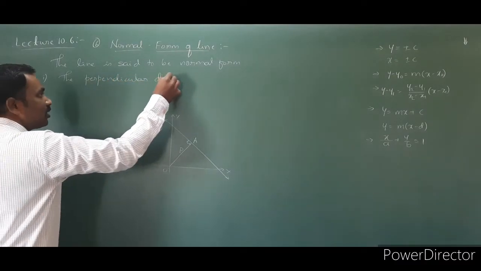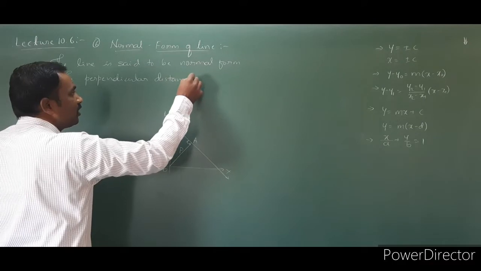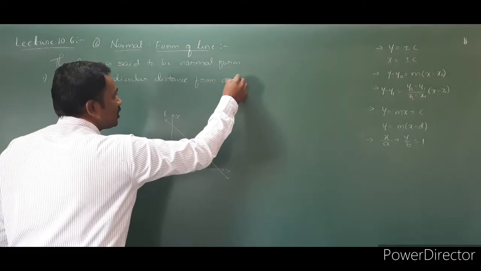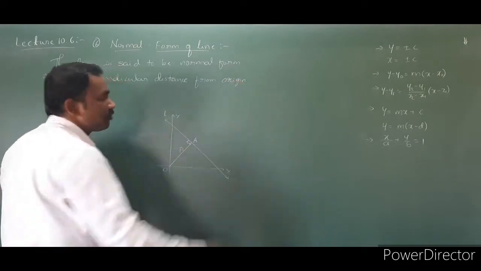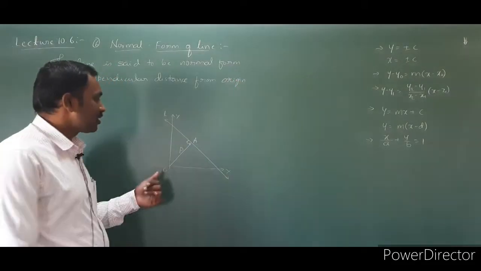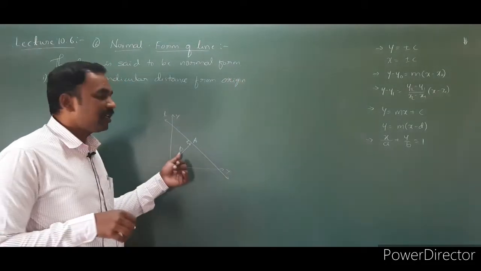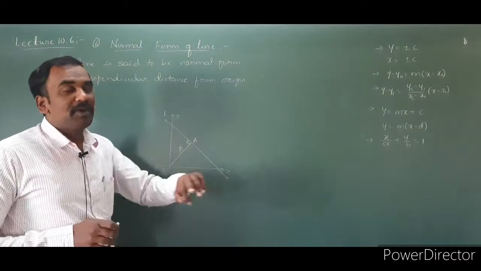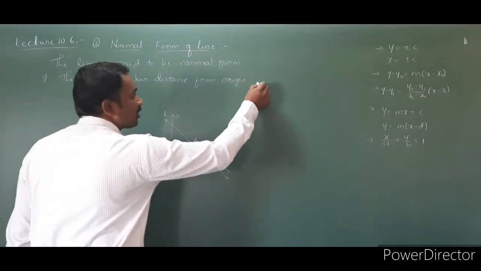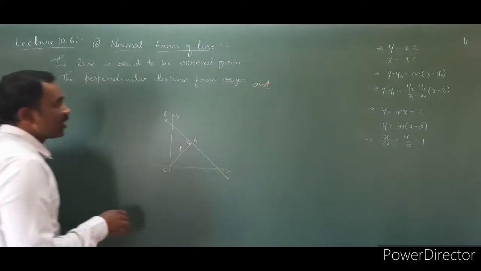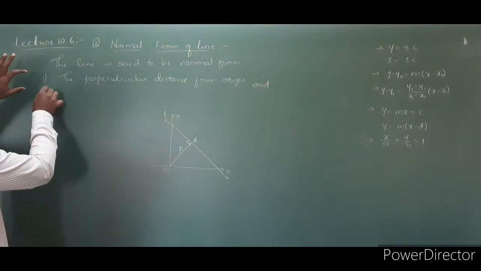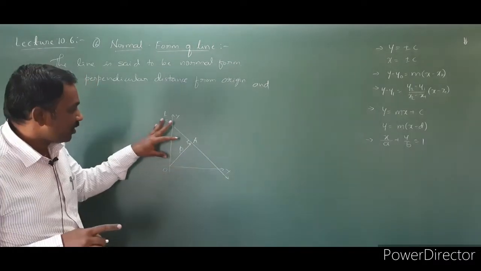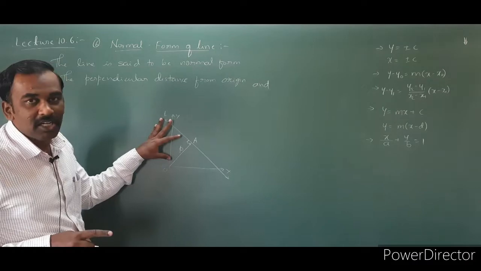Perpendicular distance from where? From the origin. The perpendicular distance from the origin should be given. That perpendicular distance is called p units of distance. Apart from that, one more condition is there.